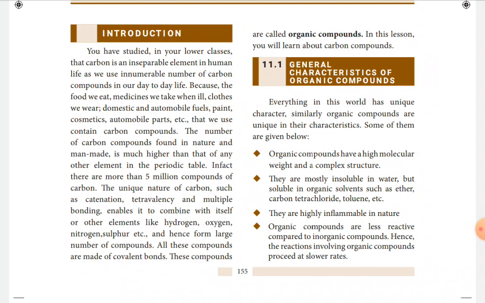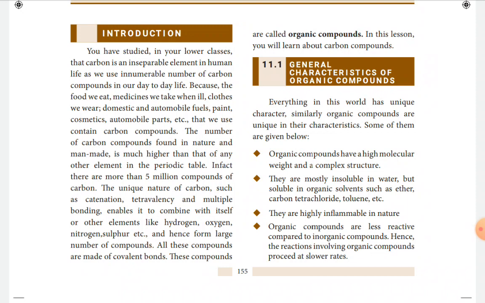Organic carbon compounds means carbon compounds obtained from a living organism, from plants and animals. Example, ethanol, which is obtained from sugar cane, a living plant. Cellulose, that is the main part, the basic for the development of food in the plant. Starch, that is a food prepared by the plant.